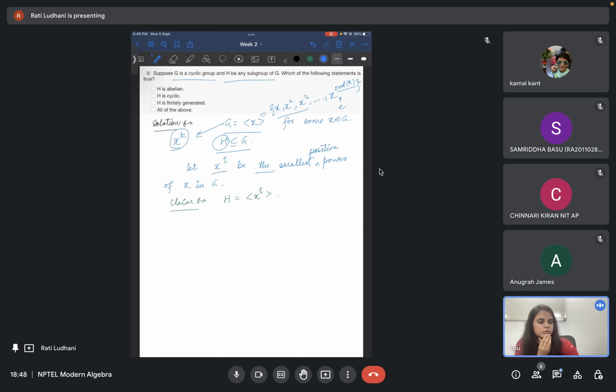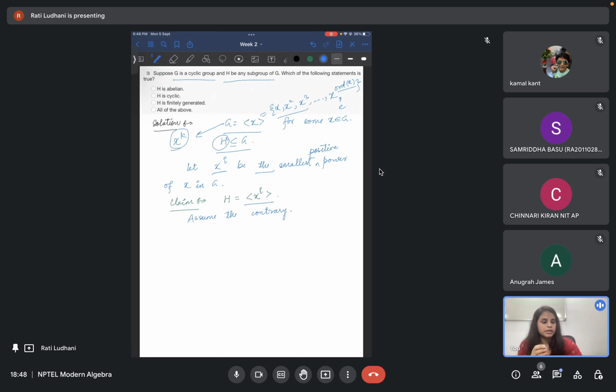Okay, so let's prove that. I'm saying that H is actually generated by this element. Let's say if not, or maybe you can write, assume the contrary. What does that mean? H is not equal to the subgroup generated by x raised to power i. What does that mean?